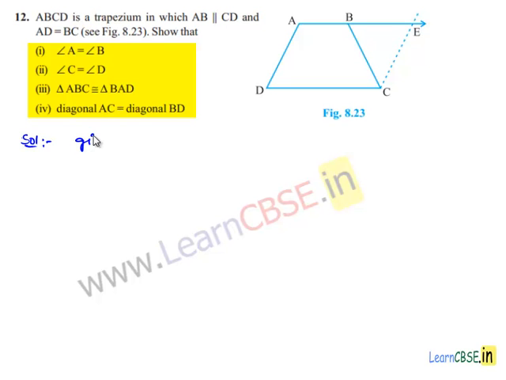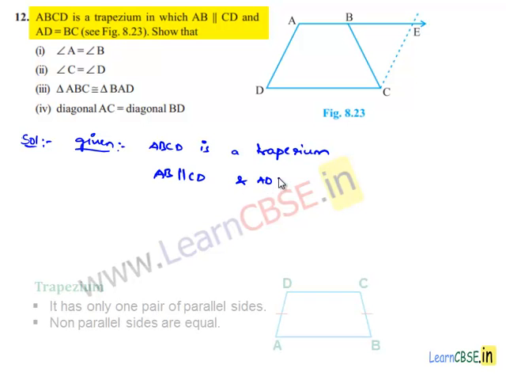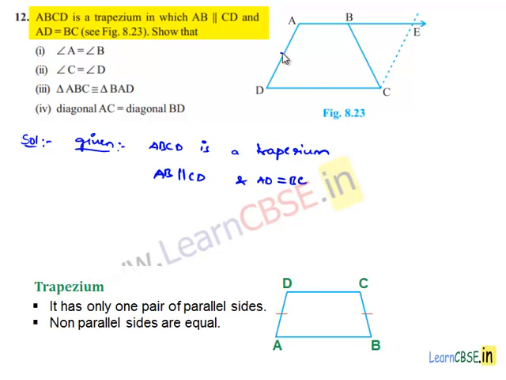Let us note down the given information: ABCD is a trapezium in which AB is parallel to CD and AD is equal to BC.